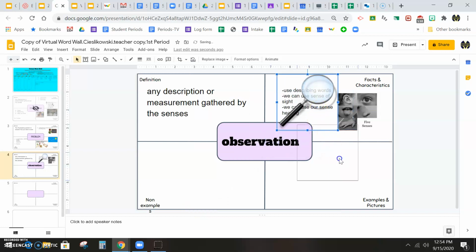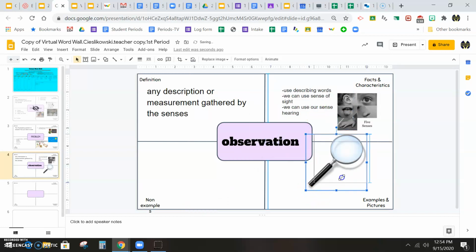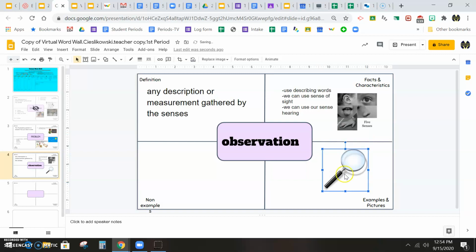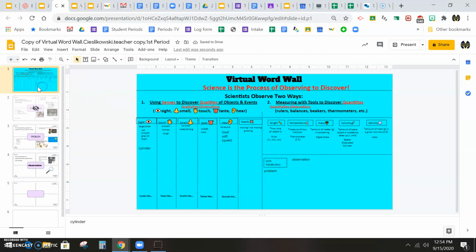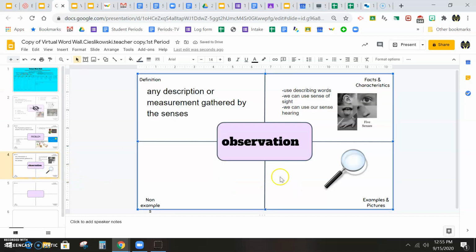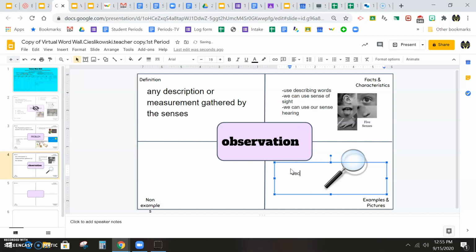Another thing we did is we also talked about using describing words from our word wall. So if I go back to my word wall, I can see we came up with words like we described the color, we described the shape of the canisters. We said they were cylinder shaped. So I could add words like describe shape.